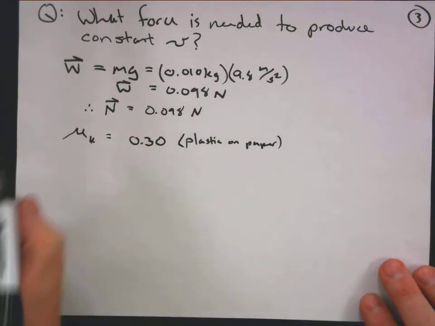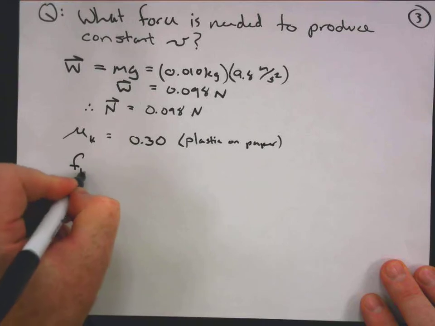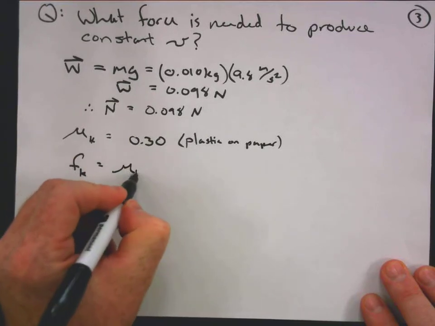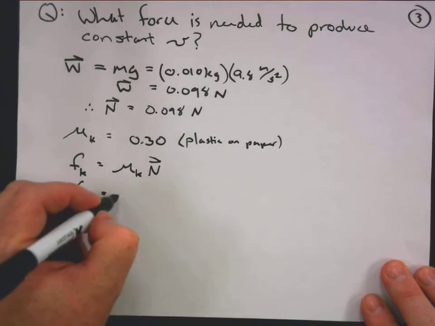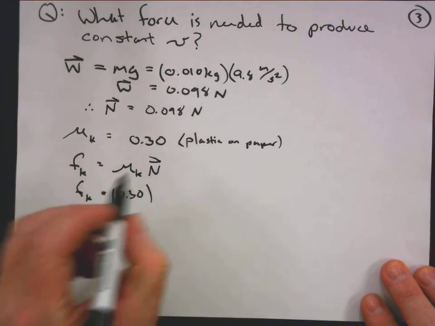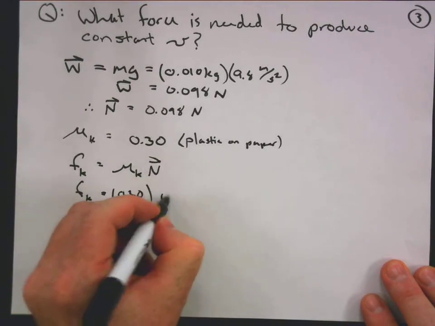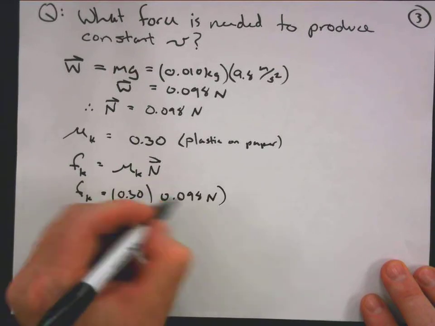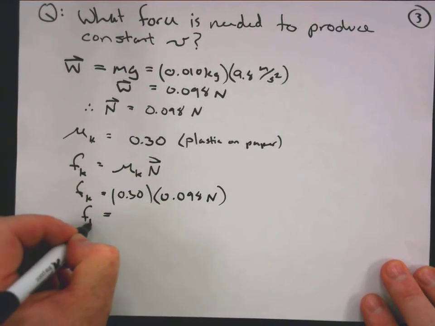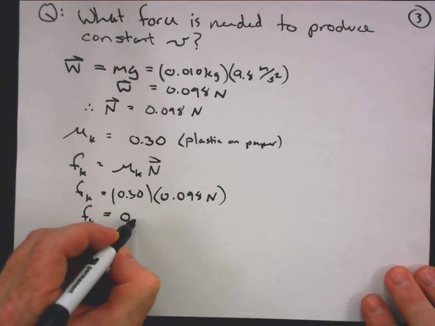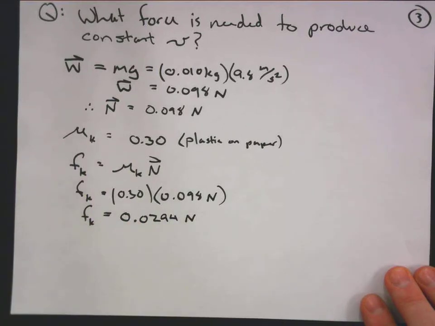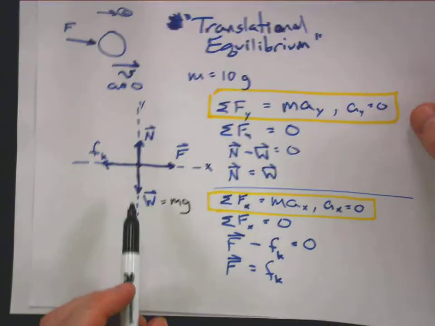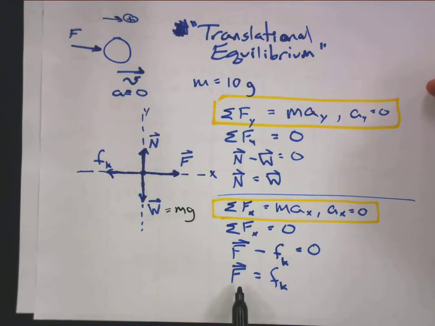So I can do a calculation for the amount of friction: 0.30 times the normal force. Remember, no units on the coefficient of kinetic friction. My normal force was 0.098 newtons. How much kinetic friction is there? It's a small number, 0.294 newtons.